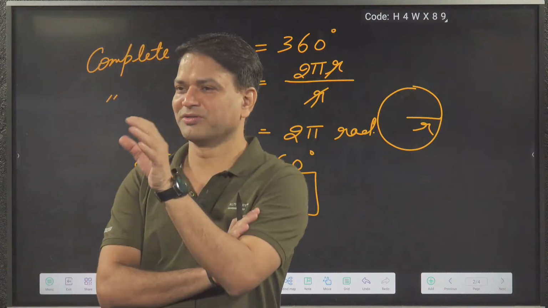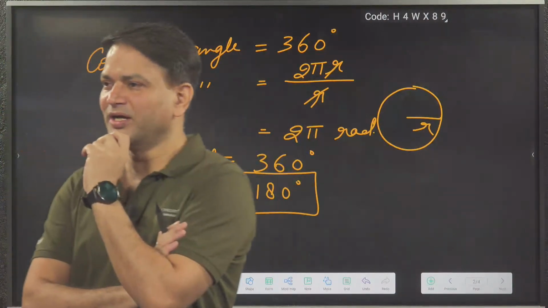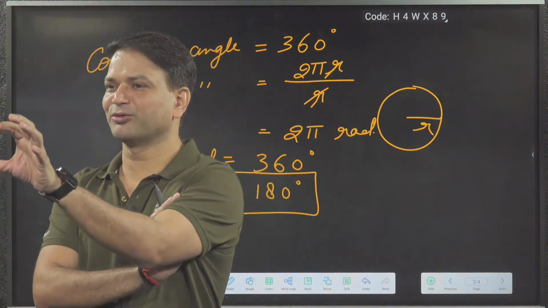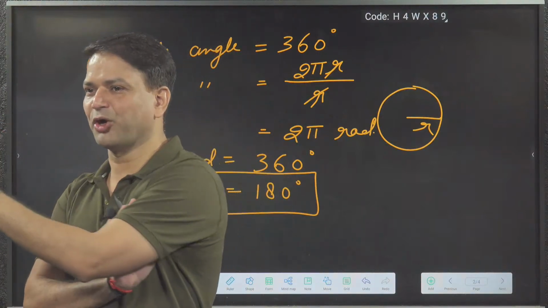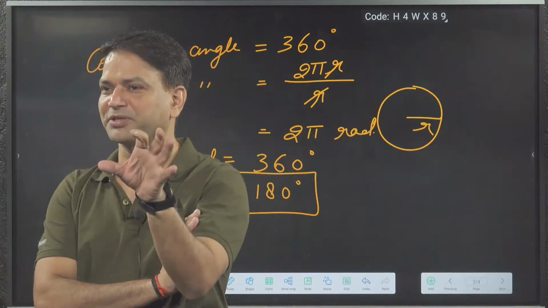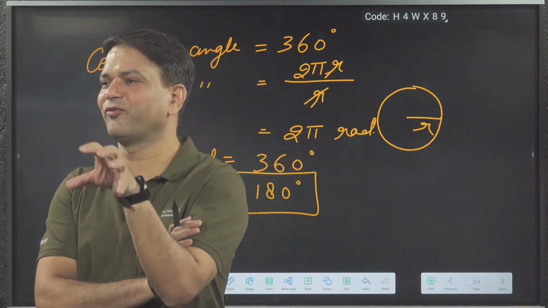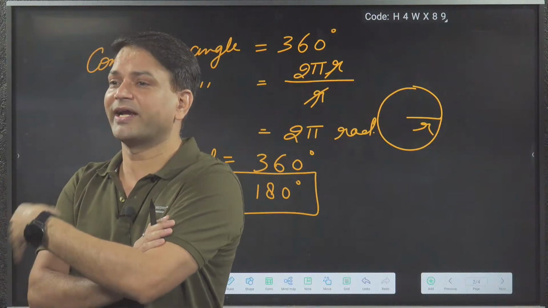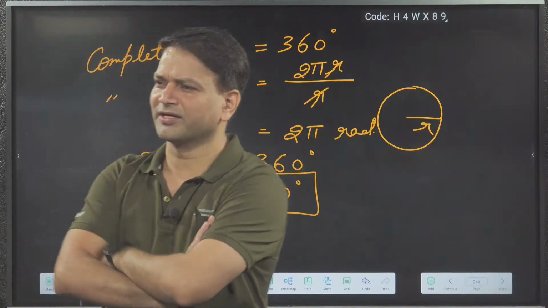Suppose I am offering you two options. One offer: I will give pi thousand rupees to you. The second offer: I will give 180 thousand rupees to you. Which will you take?